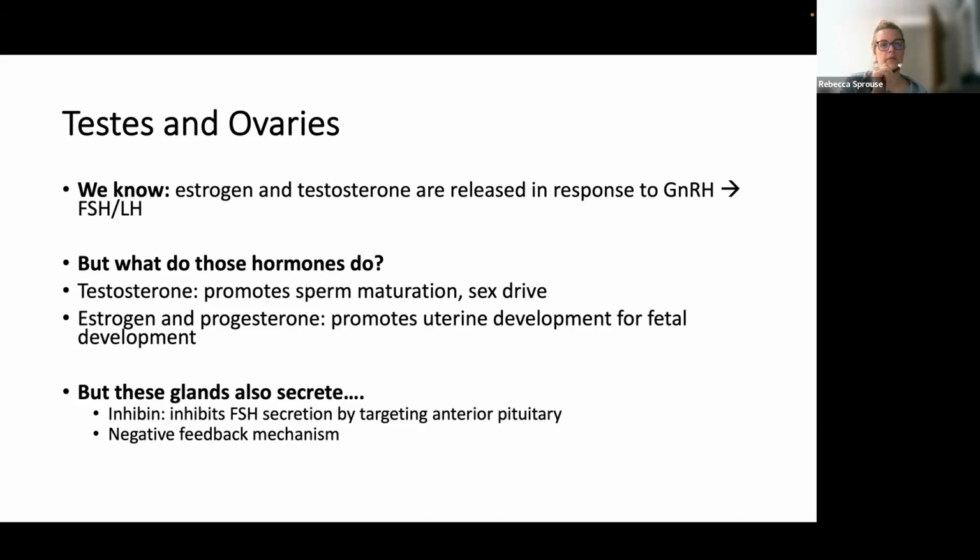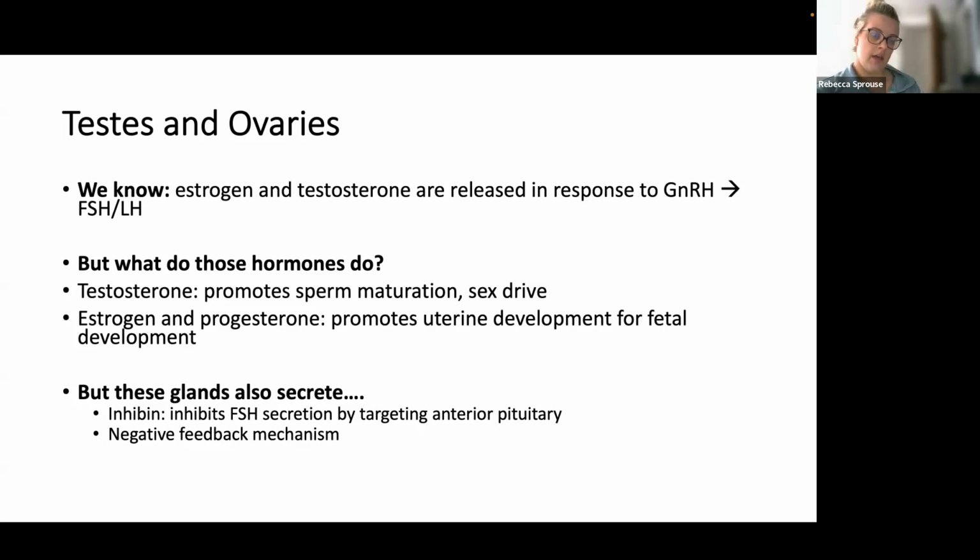So remember that one function of FSH and LH in both sexes was to promote the production of sex hormones, testosterone and estrogen. But what do those hormones do, right? So testosterone is responsible for promoting sperm maturation and aids in libido. And then estrogen and progesterone are busy getting that uterus ready for pregnancy, potentially.